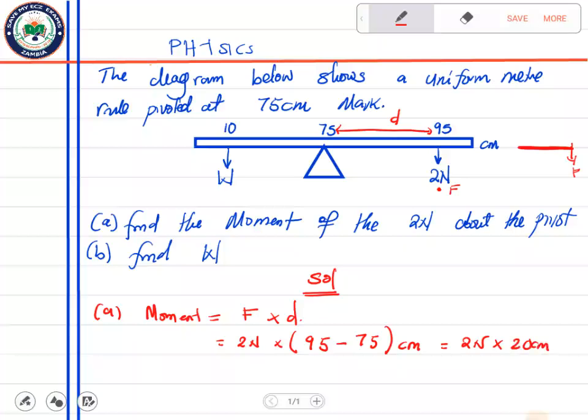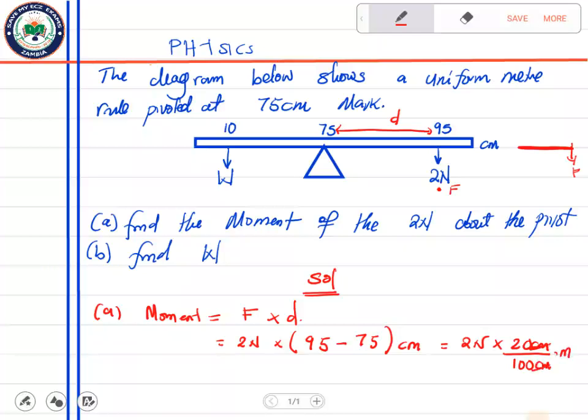Now remember, distance should always be in meters. So what we're going to do is divide this by 100 centimeters, then we multiply by meter, so as to convert these centimeters into meters, because we know that 1 meter is equal to 100 centimeters. So just divide there.